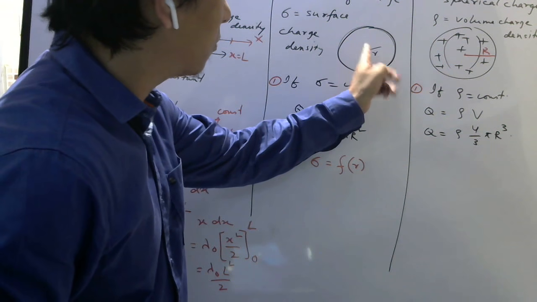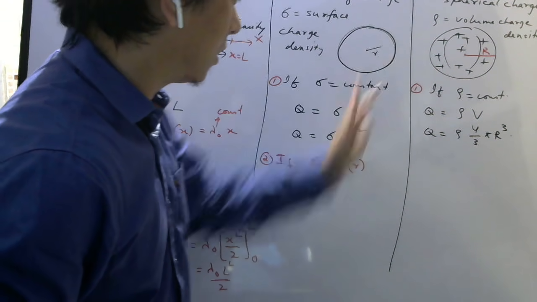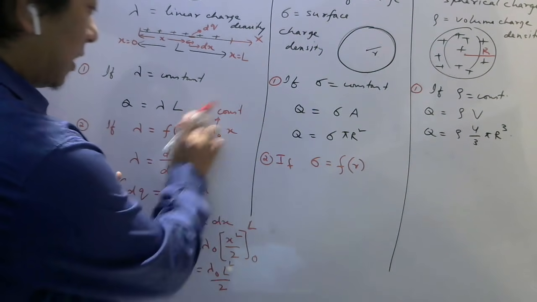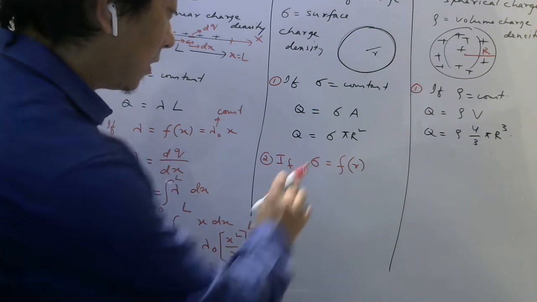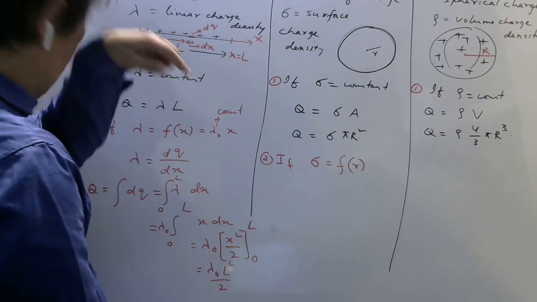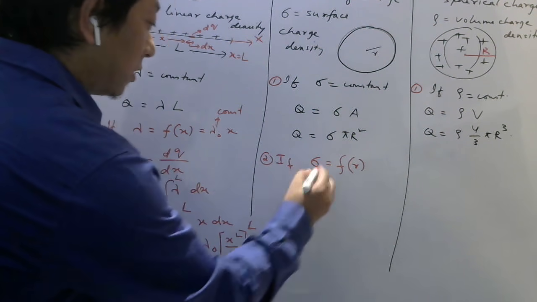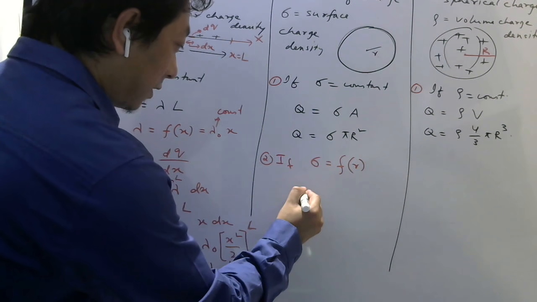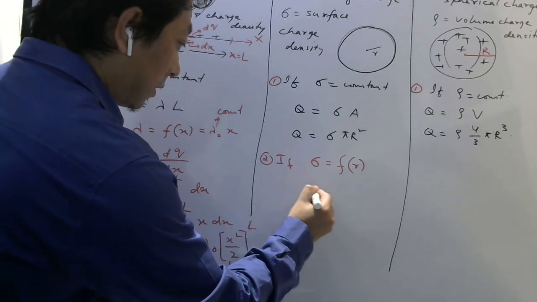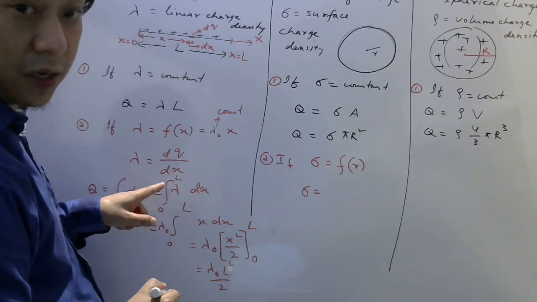It is varying from here to here, here to here. And you can take some function like this. Later we will discuss that. Then how will you find the total charge? Then you have to find the total charge by writing this sigma as, here how we wrote, dq by dx. What is dx?